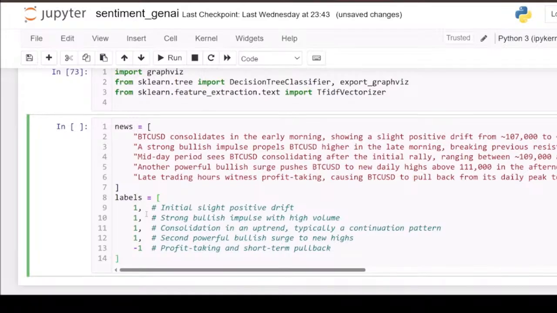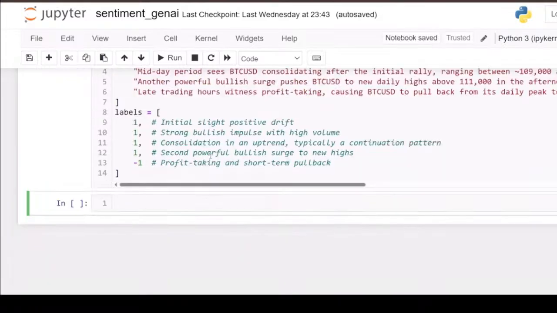Okay, so we got our news and labels. Right now we will go with our classifier. First of all we have to give the x, so for that we call a vectorizer as vec, and we need to call the features.